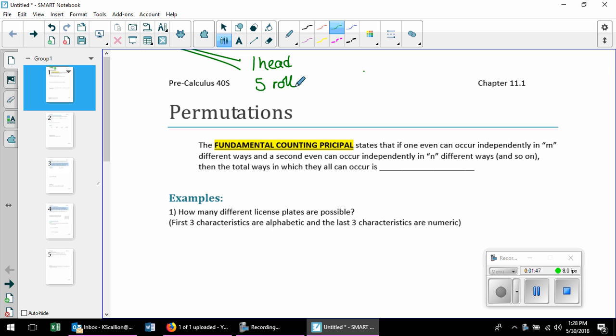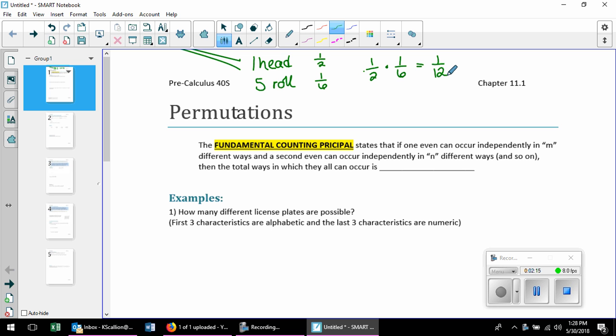So the probability of getting a head is 1 over 2, and the probability of rolling a 5 on a dice is 1 over 6. Now, if I want to know the probability of those two things happening at the same time, what do I do to those mathematically? Multiply the fractions. So I'm going to have 1/2 times 1/6 gives me 1/12. Does that make sense to everybody?